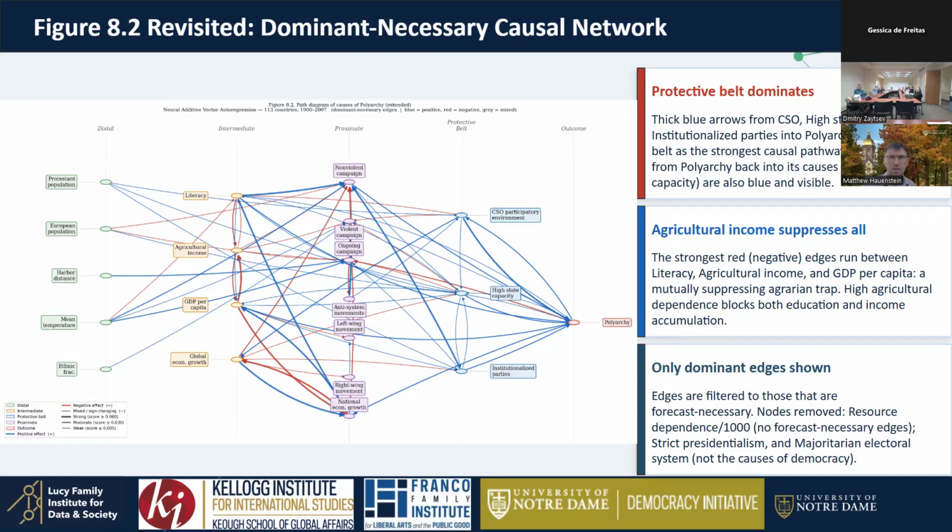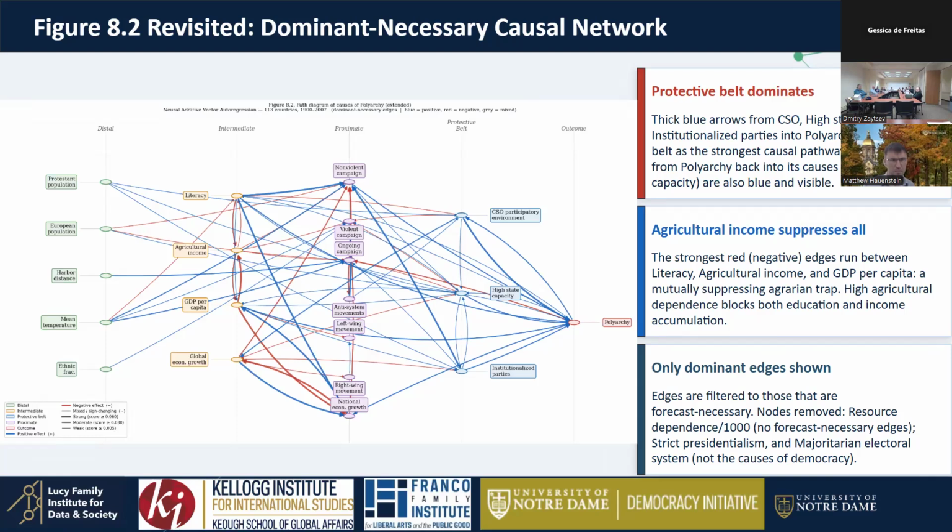And then at the very left are the distant, relatively invariant variables that we have forced to be exogenous. That is, we say that none of the other variables cause these things. These are like prime movers behind some of what's going on in the model.